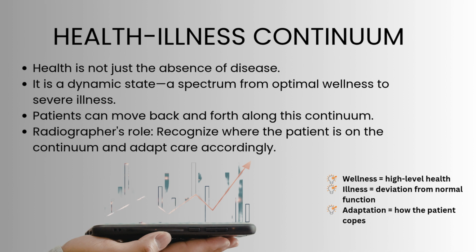Optimal wellness is when someone's health is so good, someone is strong, someone is feeling very good, to severe illness, critical illness. And every patient is at a different part of this continuum at different phases.